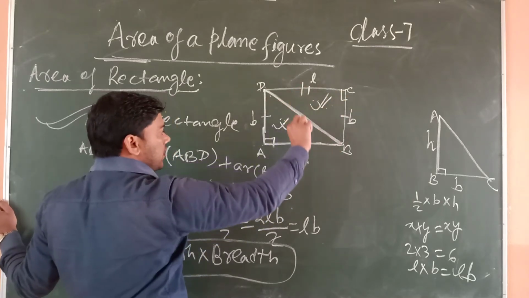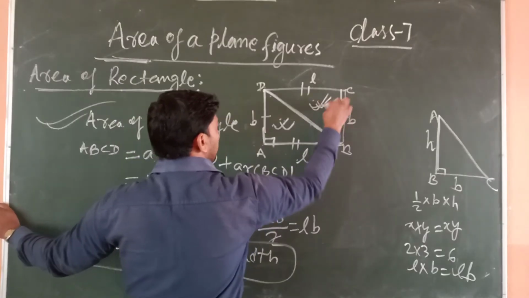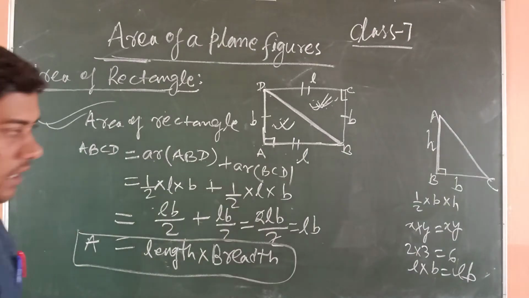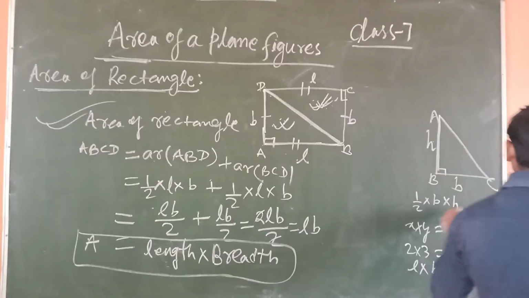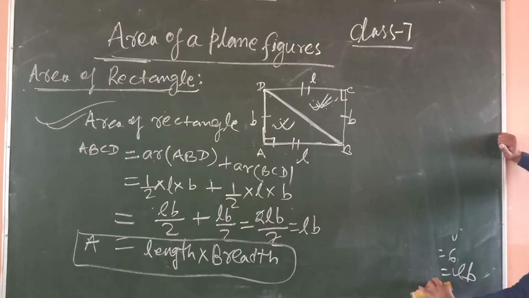The area of the rectangle is equal to the area of this triangle and the area of this triangle. For the area of a triangle, only keep in mind 1/2 into base into height.